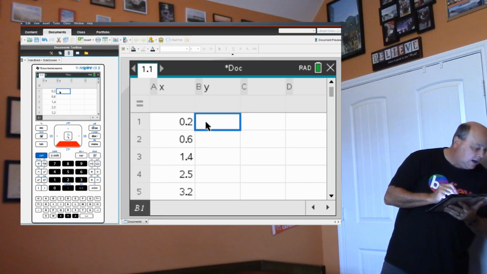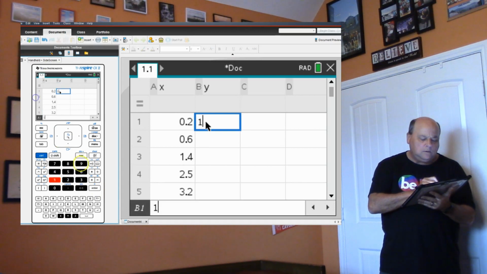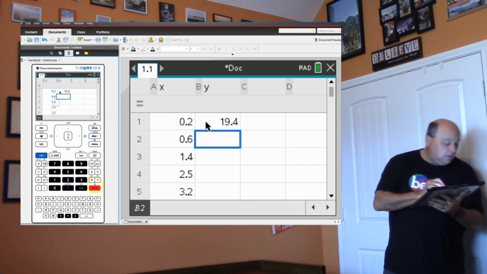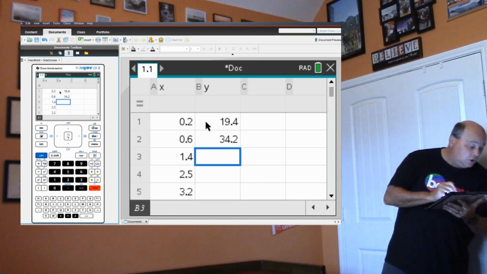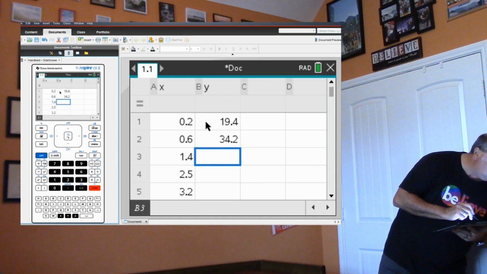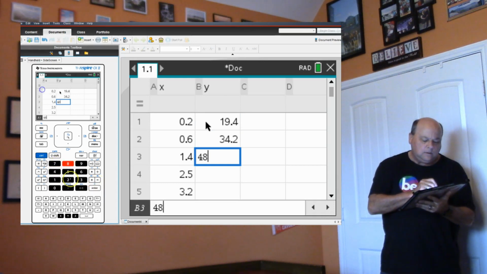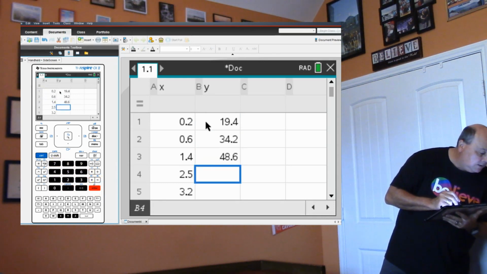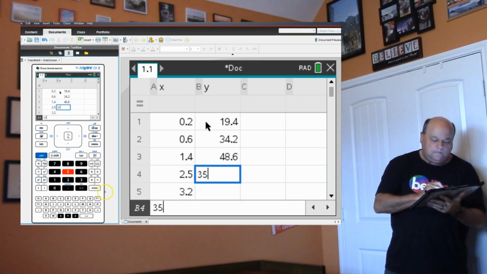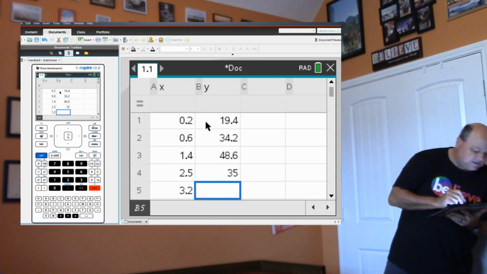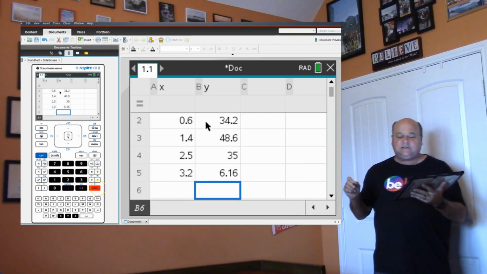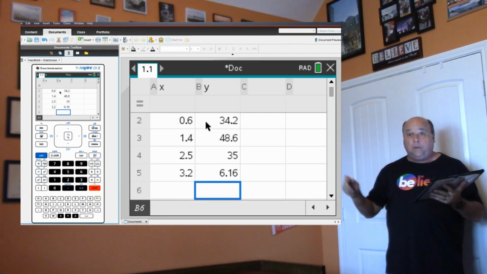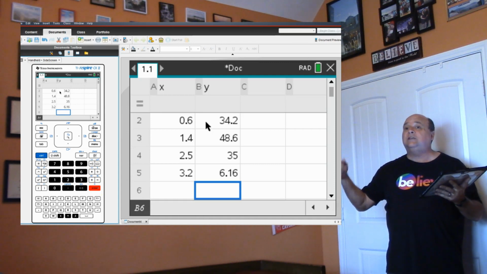Let's start typing in our Y's. 19.4, and then 34.2, or 34 and 2/10. 48.6, and then 35, and the last one is 6.16. Okay, so I have my data entered. I have to make sure that blue box is on an empty square, or it thinks I'm still typing in the data.